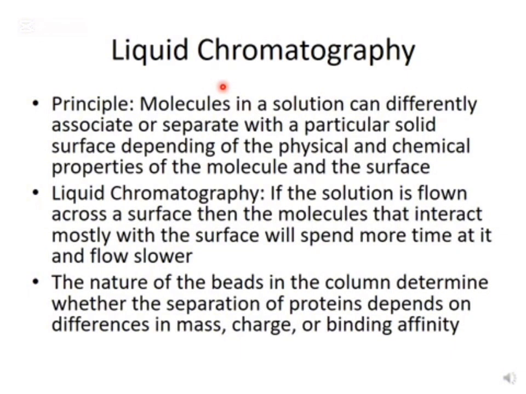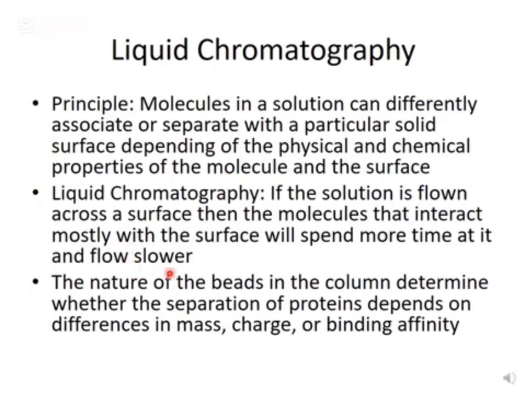So if a solution is flown across a surface, the molecules in the solution are going to interact with the constituents of the surface, and that would let them spend more or less time in that interaction, either slowing down or speeding up the flow.